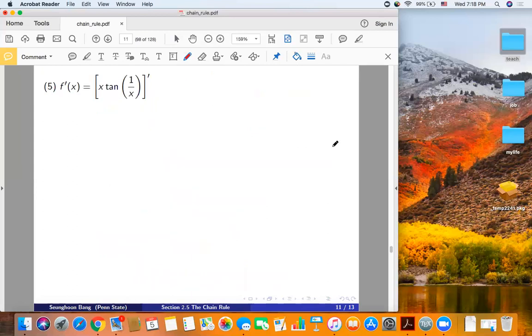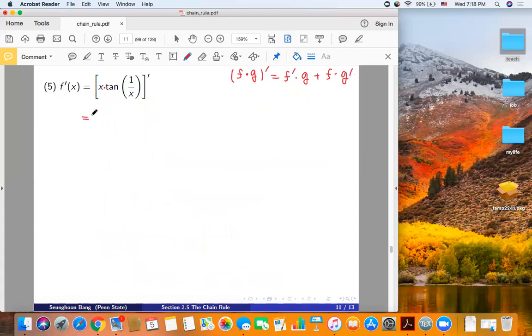The next one, number 5. How can you find the derivative of x times tangent of 1 over x? Do you know the product rule? Function f times function g, prime, is f prime times g plus f times g prime. You can use the product rule.